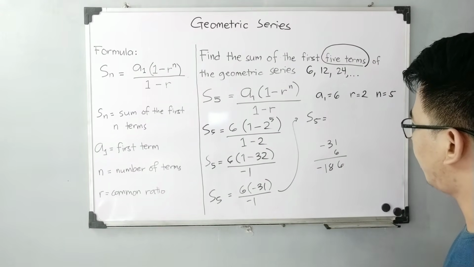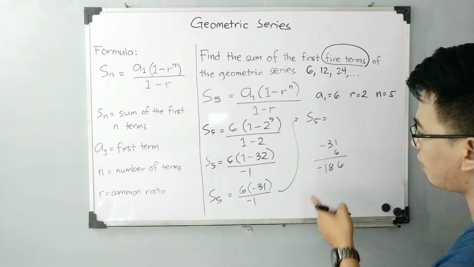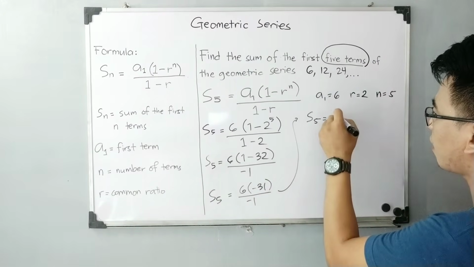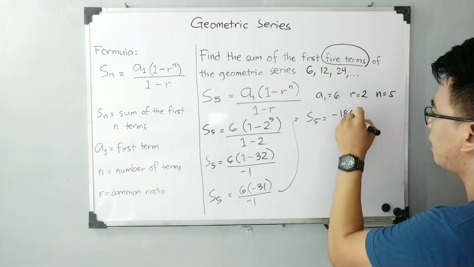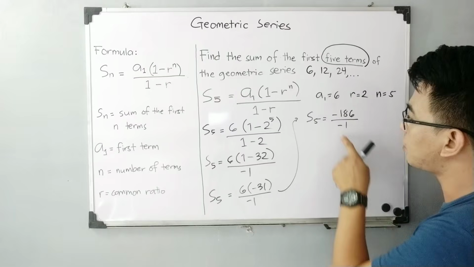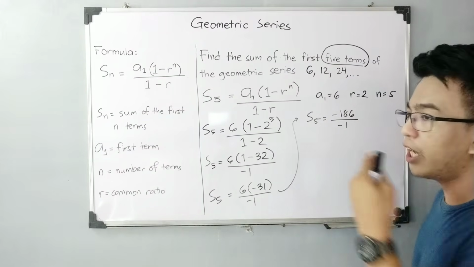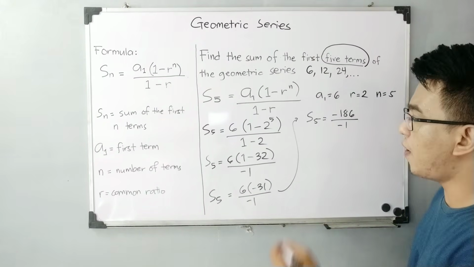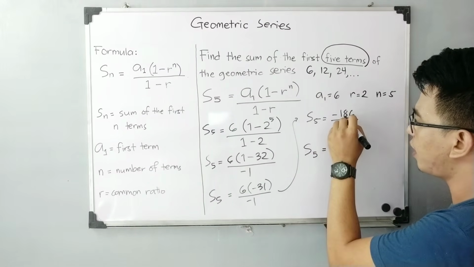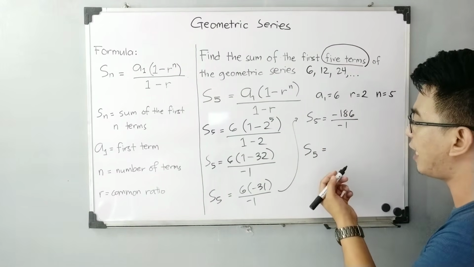Okay? So for 6 times negative 31, that is negative 186 over negative 1. And if we divide these two numbers, one is negative and the other is negative, it will give us the quotient of a positive number. So our S sub 5 is equal to negative 186 divided by negative 1.